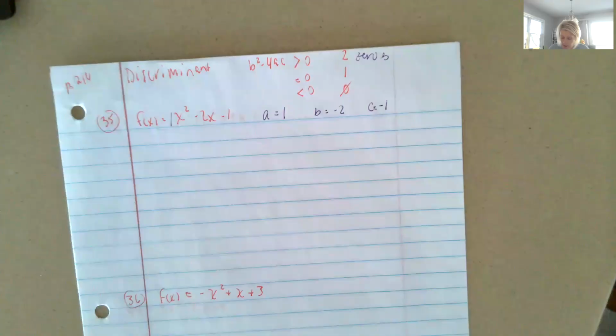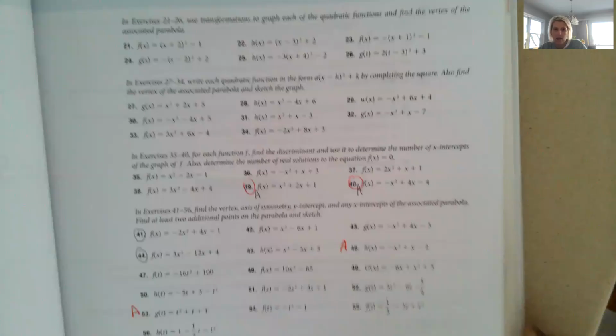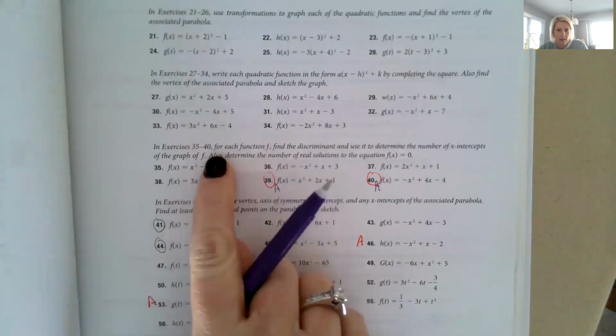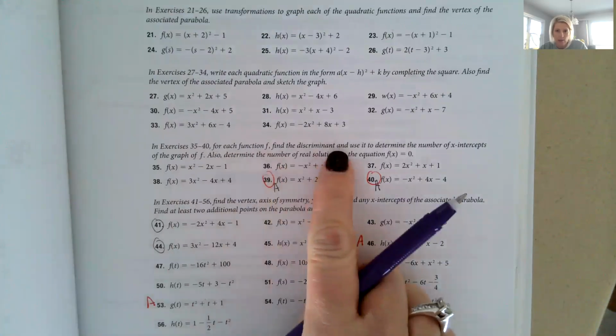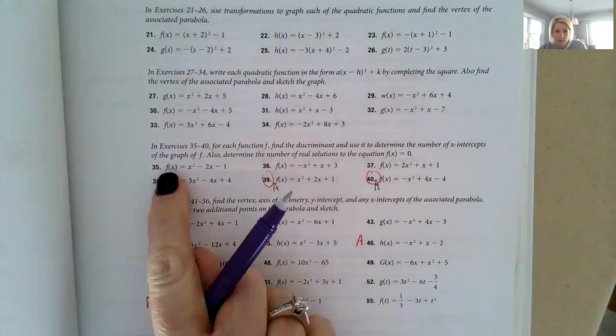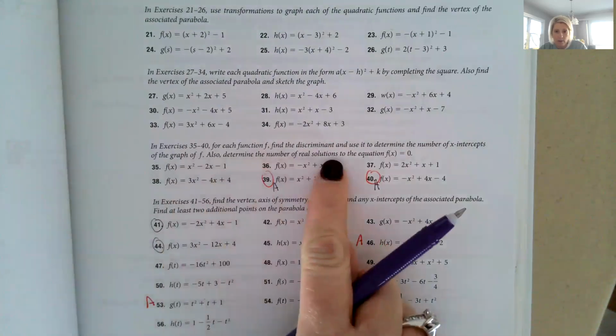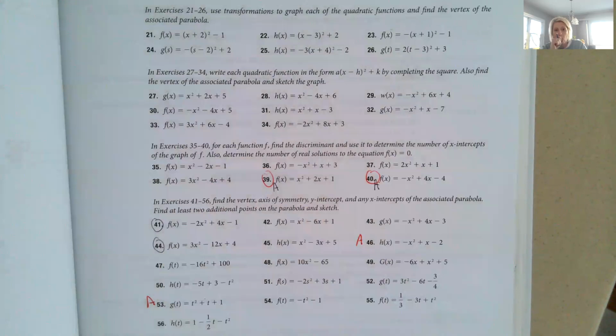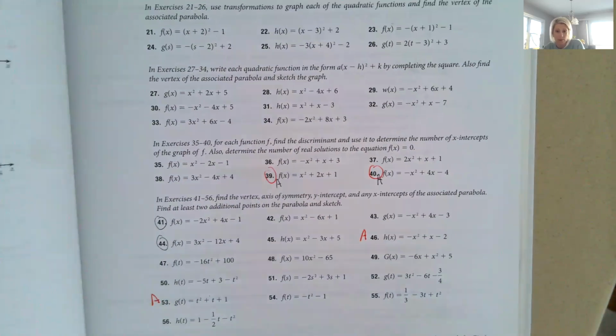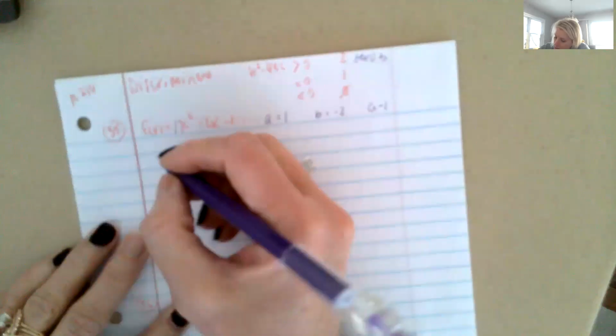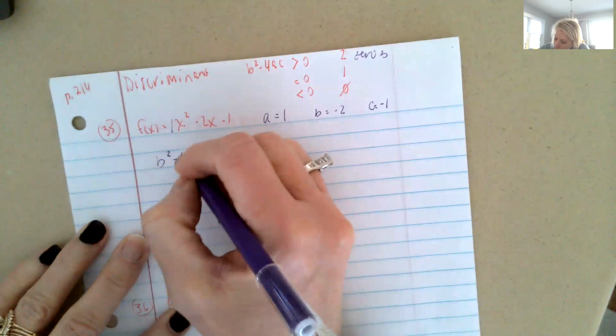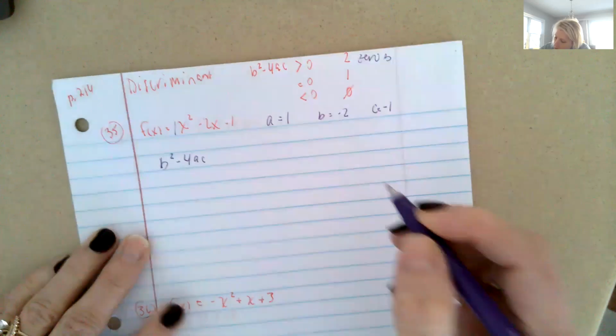Okay, let's look at what they actually want us to do. 35 says, find the discriminant and use it to determine the number of x-intercepts of the graph. Also determine the number of real solutions to the equation. So that's all we have to do, use our discriminant. Our discriminant is b² - 4ac.